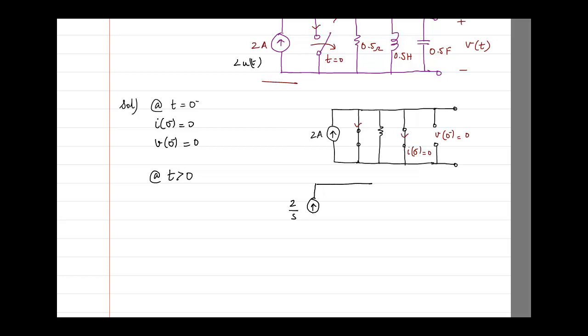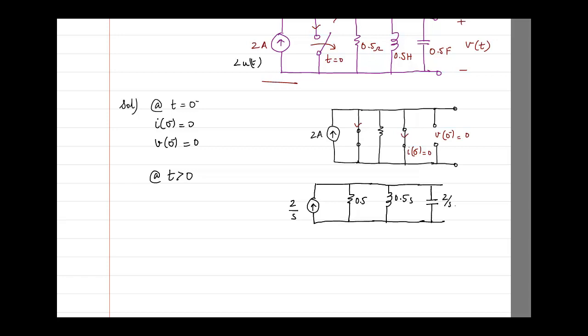Then the switch is off, so the switch is not drawn. The resistance is 0.5 ohms. The inductance I will directly draw: it is going to be 0.5 s, and the capacitance is going to be 1 by 0.5 s, which can be written as 2 by s.